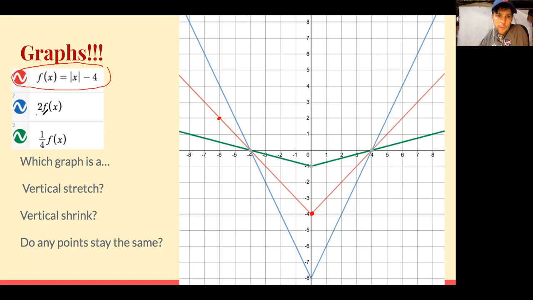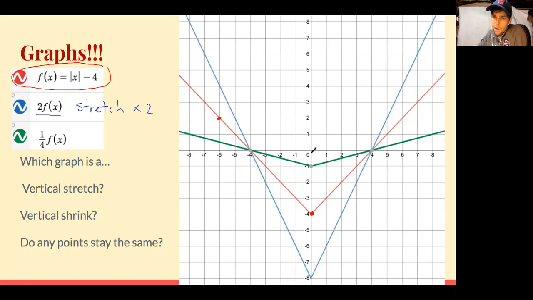Now I want to focus on this one right here. This one is a stretch because we're multiplying by a number greater than 1. We're stretching by a factor of 2. What happens when we do a vertical stretch is it always comes from the x-axis.